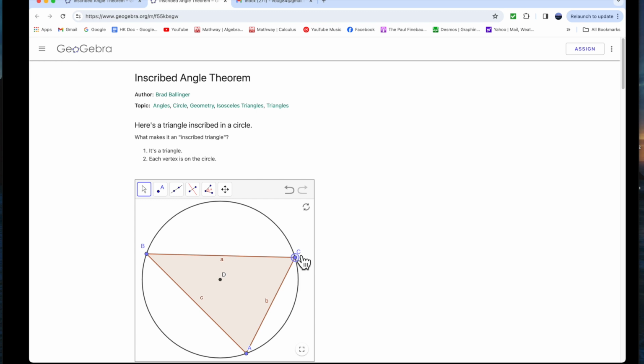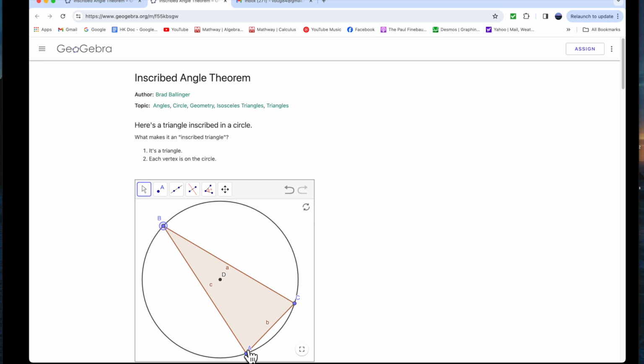Okay, now look at this. If the center is included inside the triangle, I want you to look at angle A. Look at the arc that's captured by angle A on the opposite side of the circle.